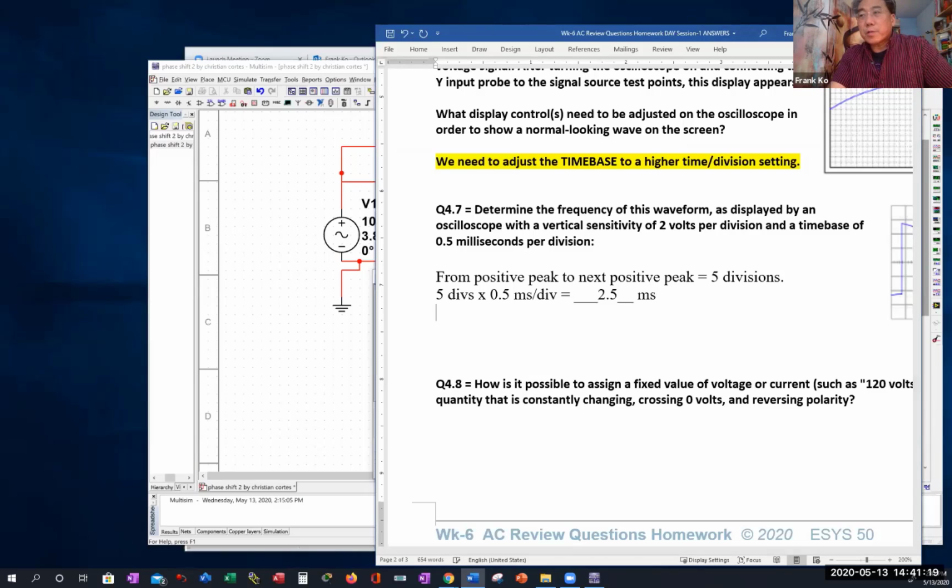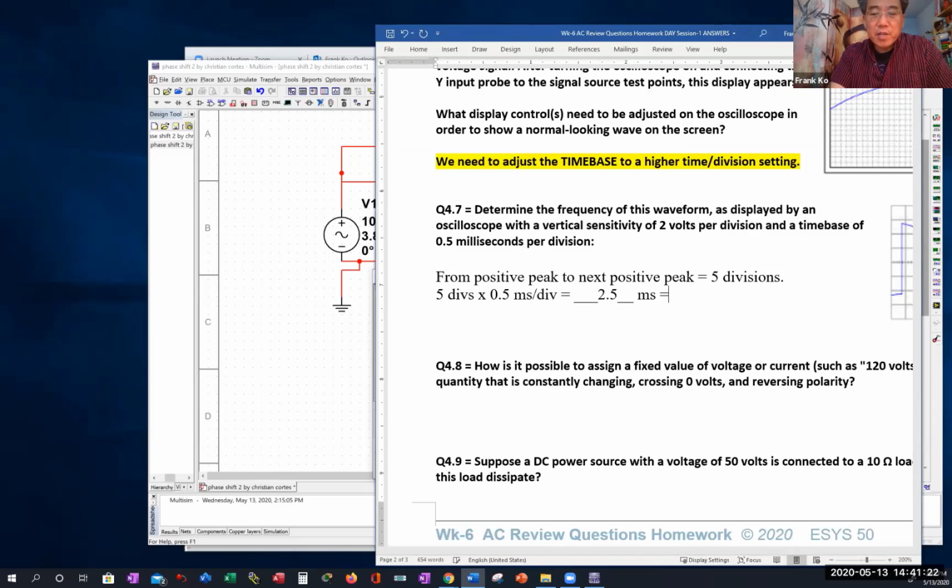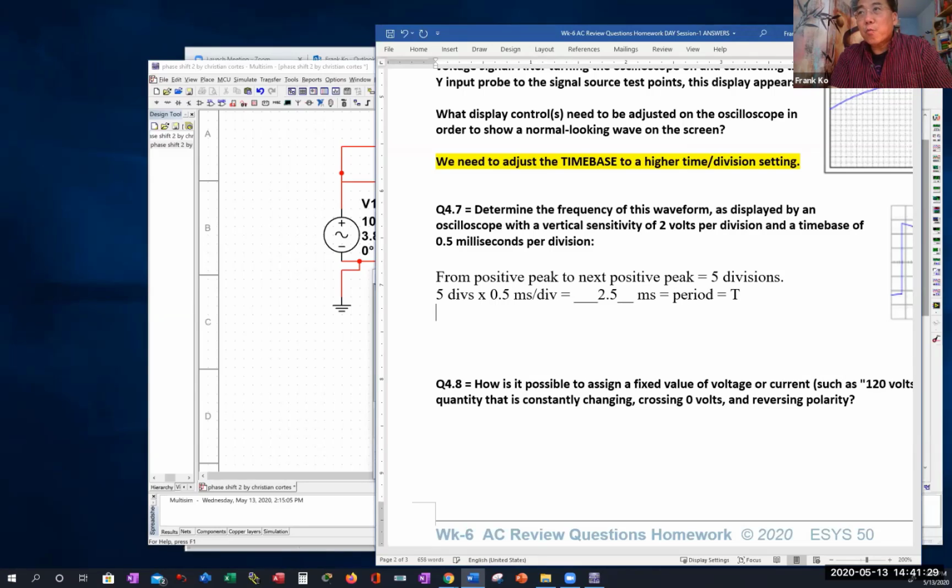Then that 2.5 milliseconds is equal to the period, which is equal to T. What you want is f. What is the formula for f? f is equal to 1 over T, which is equal to 1 over 2.5 milliseconds, which then calculates to be, and the question goes to Pauline.